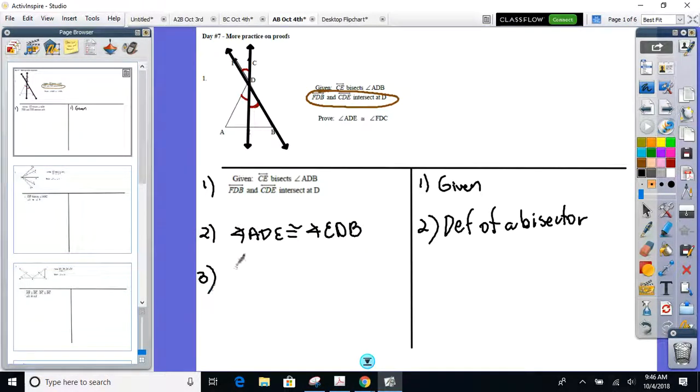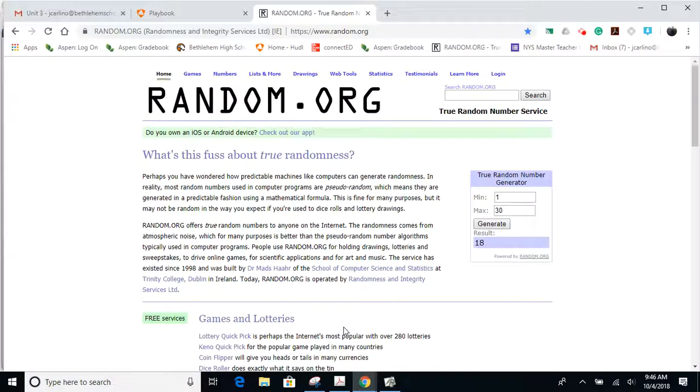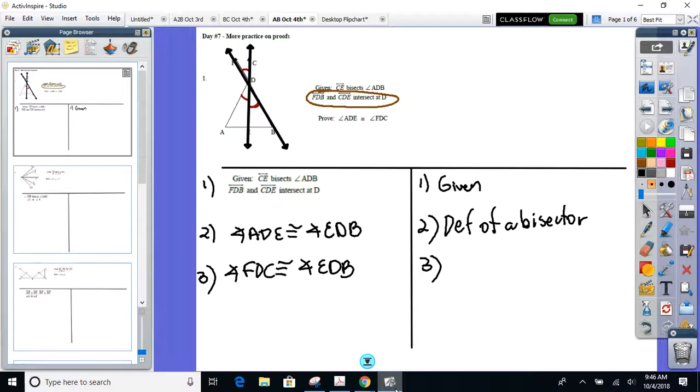Although it was painful, we got angle FDC congruent to angle EDB. These two here. Why? And I know vertical angles are congruent.